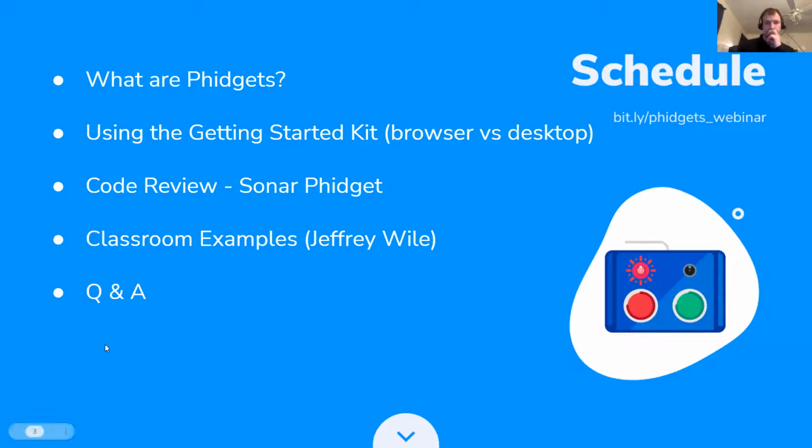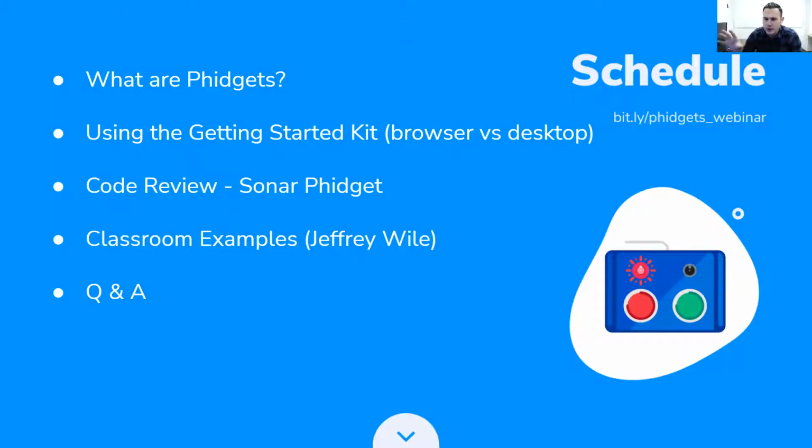Taking a look at our schedule for today, as I mentioned, we're going to be starting with what are Phidgets, just to get everybody up to speed with the tool. We're going to be talking about how you can actually use your Getting Started kit. Again, this is the Getting Started kit. Hopefully everybody here has received this in the mail. I know we had a lot of requests, but if not, we'll show you how to get that.